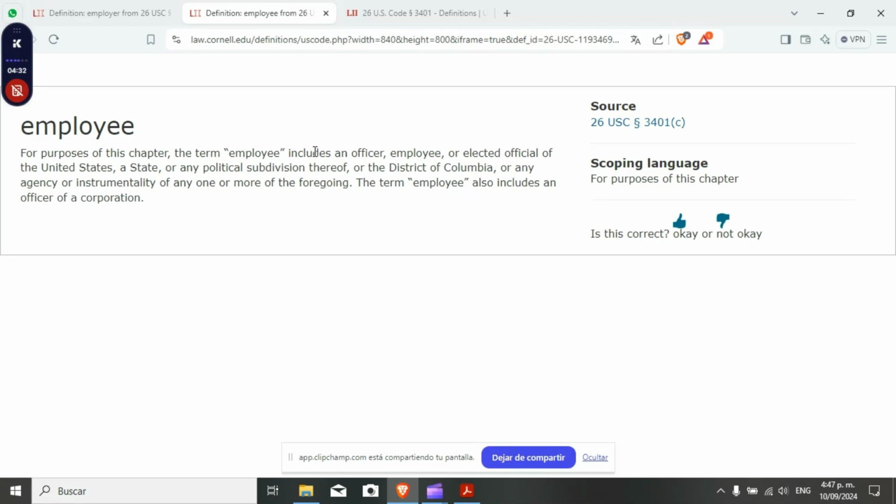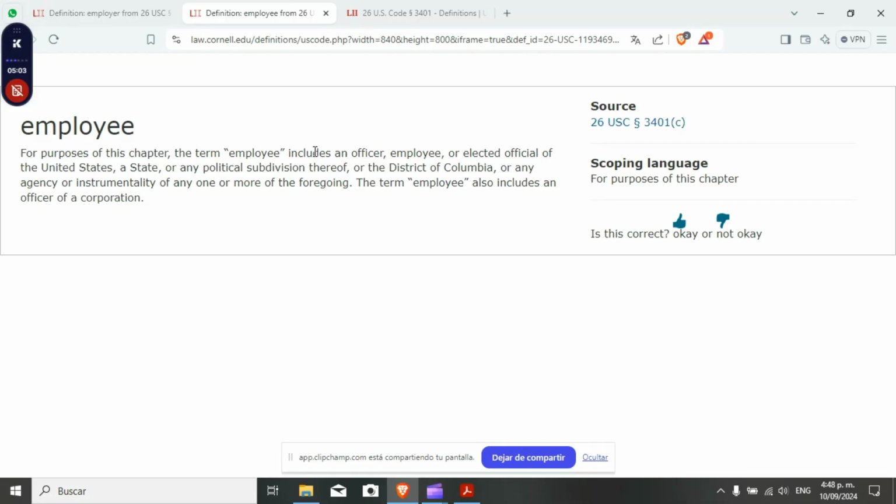So it says includes an officer, employee, or elected official of the United States, a state, or any political subdivision thereof, or the District of Columbia, or any agency or instrumentality of any one or more of the foregoing. The term employee also includes an officer of a corporation, which, that word corporation, is specifically a corporation that is government owned. But now let's come back to what we were talking about as far as employee. It says an officer, an employee, or elected official of the United States.